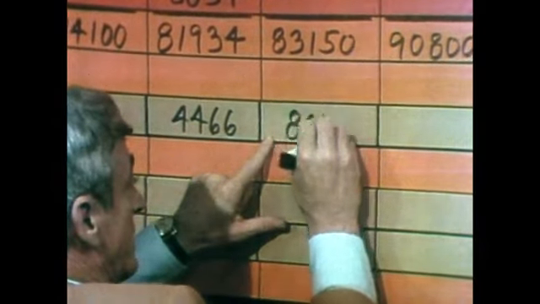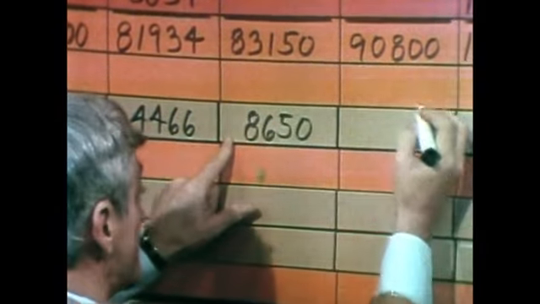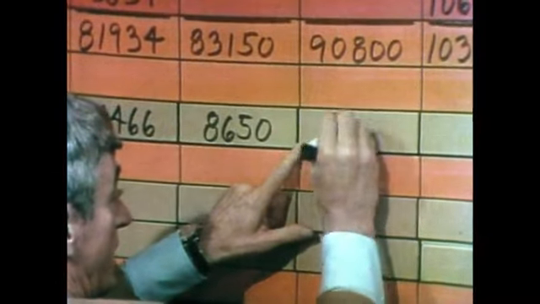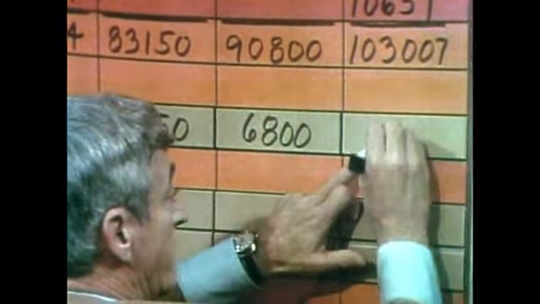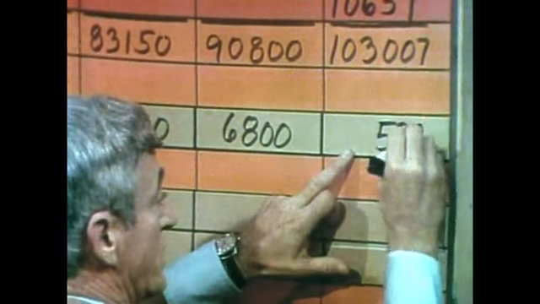Month number 5: $86.50. Month number 6: $6,800. And finally, $593. Now, are any of those negative? All of those are strong positive cash flows. They're all positive.